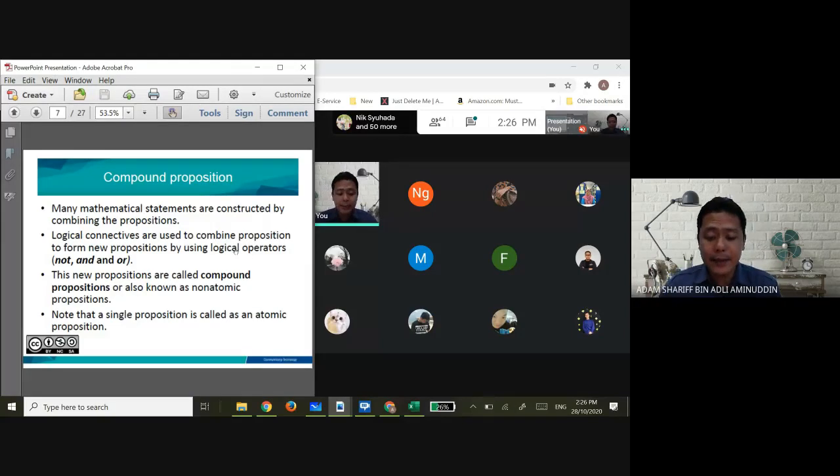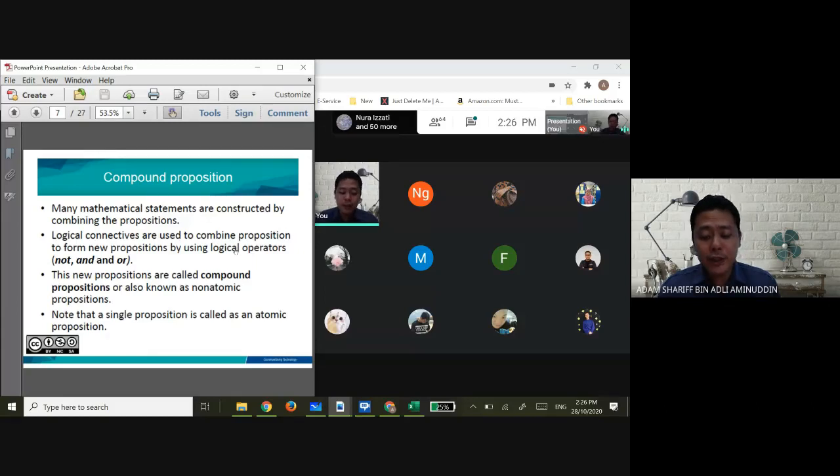And there are many ways to combine those two propositions. Okay, I repeat. The first proposition is that Sir Adam is tall. The second one is Sir Adam is fat. And how to combine? Banyak cara. For example, yang paling simple ialah Sir Adam is tall and Sir Adam is fat.